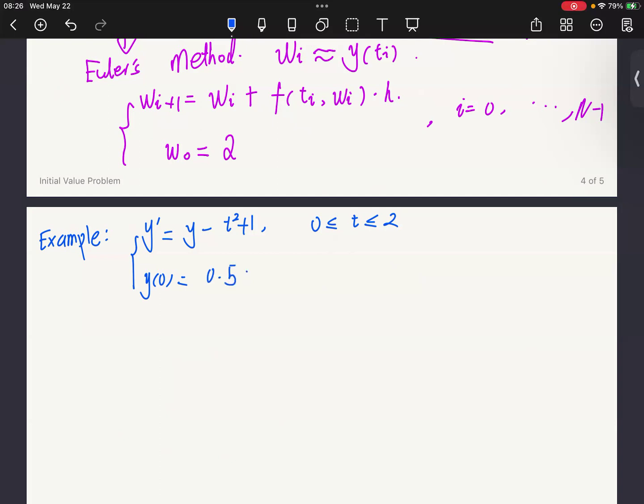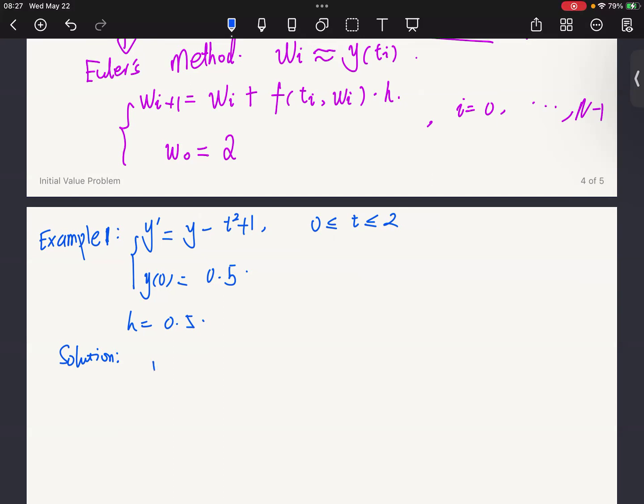0.5. Let's set the step size h to 0.5 in this example. So for the solution, we are going to approximate y(ti) in this way with the formula above.